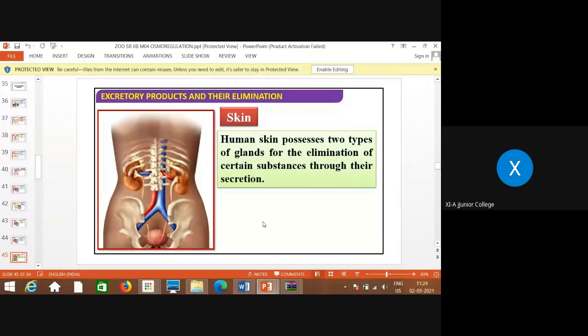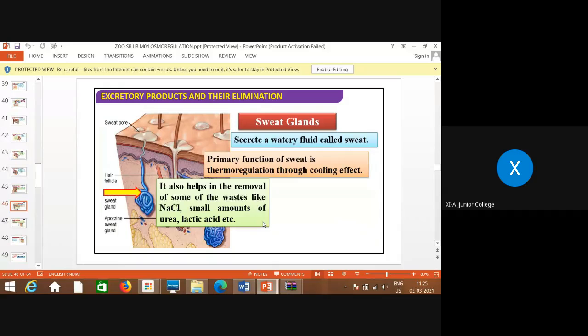And the last, that is skin. Human skin possesses two types of glands for the elimination of certain substances through their secretion. First is the sweat gland, which secretes a watery fluid called sweat. The primary function of sweat is thermoregulation through a cooling effect, because body temperature is maintained, which gives a cool effect when we do fast activities.